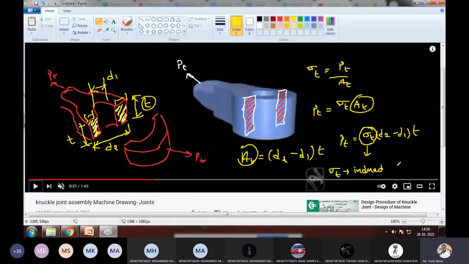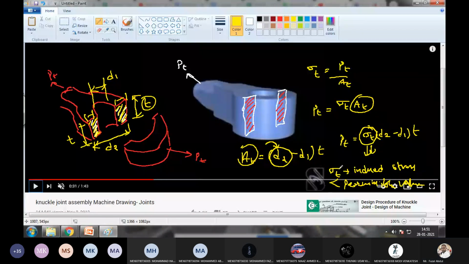This induced stress is always less than the permissible value that is given in the question. If it is not less than the permissible value, then we have to recheck the D2 value, meaning select another D2 value, substitute here, get this value, and again check with the permissible value. Okay, so this is the third failure.